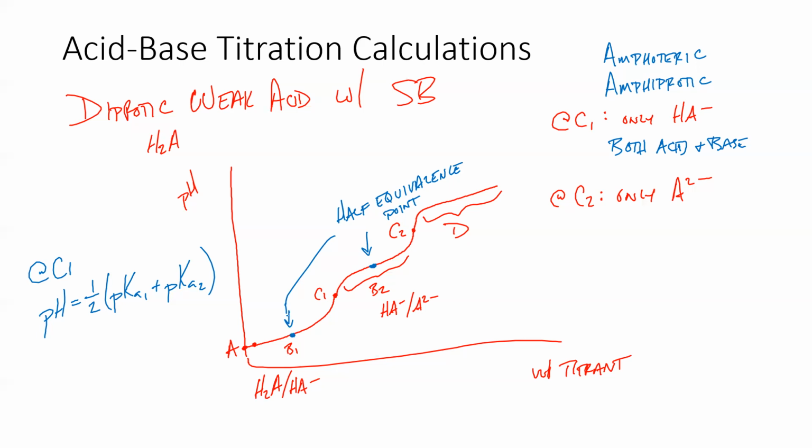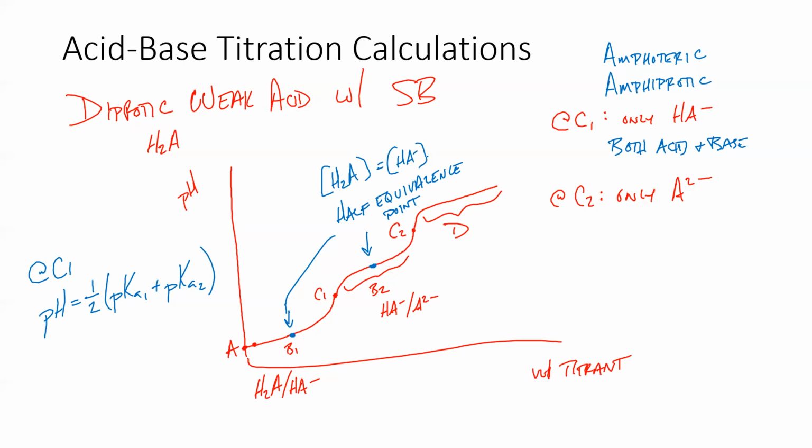H2A and HA minus. Yeah, and if we're exactly in the middle, what's the concentration of those two? How are they related? Same. Yeah, exactly. So at these half equivalence points, the concentration of H2A is equal to the concentration of HA minus.